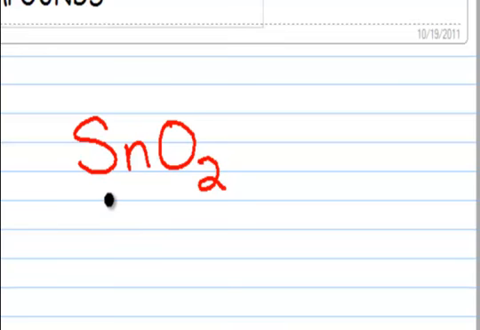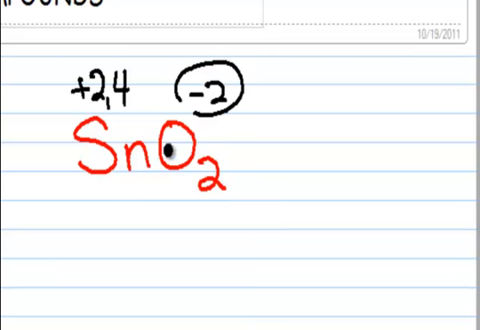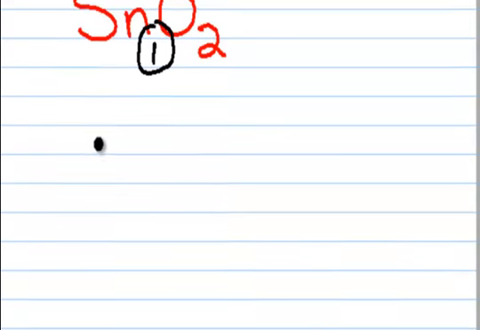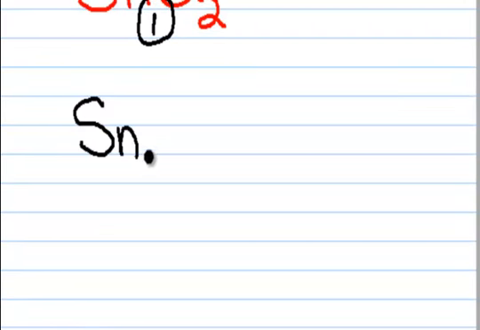Okay. So now it's tin and oxygen. Tin has charges of +2 and +4. Oxygen has a charge of minus 2. Does this 2 match this number down here? No, it does not. So I know at one point in time it had to be Sn2.